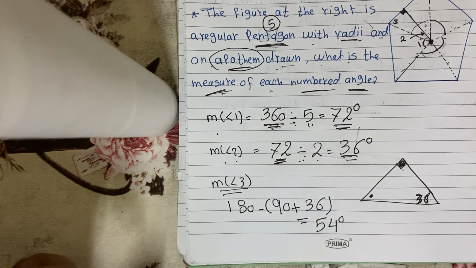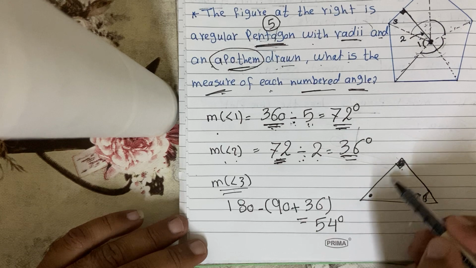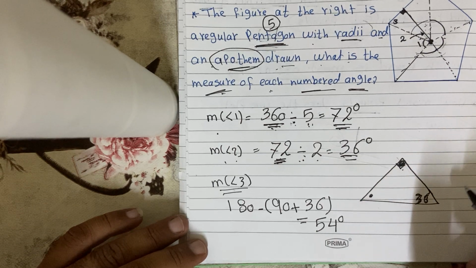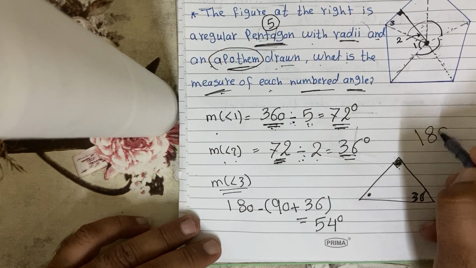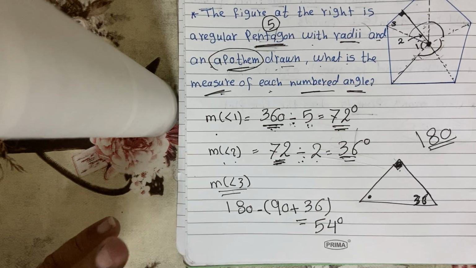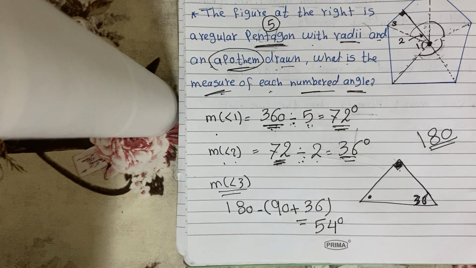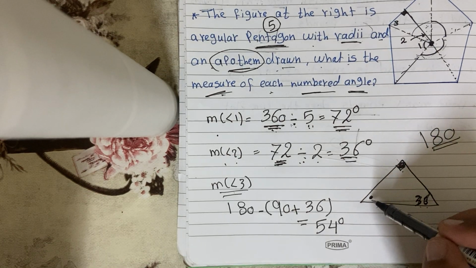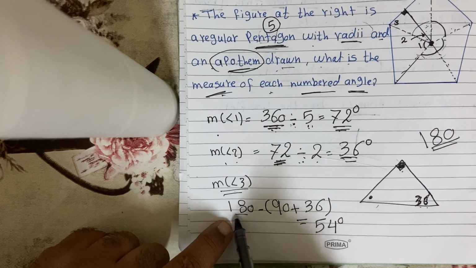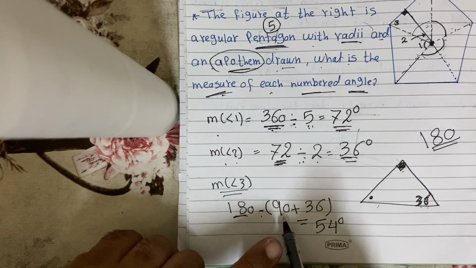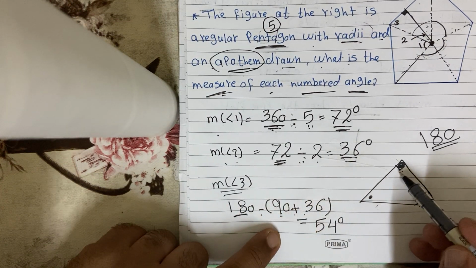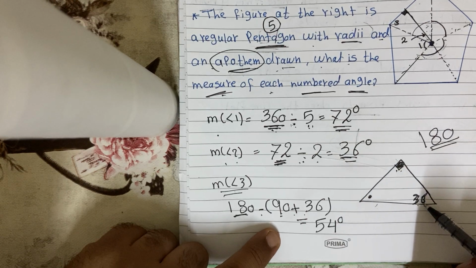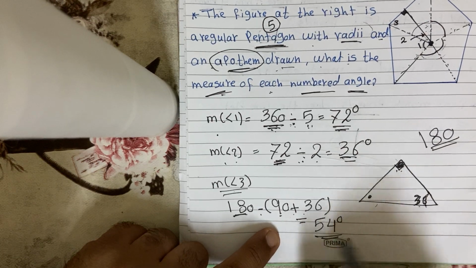The sum of the interior angles of any triangle is 180. Here I have two angles and I need to find the third one. So I will do 180 minus 90 plus 36. This angle is 90 and this angle is 36. The answer is 54.